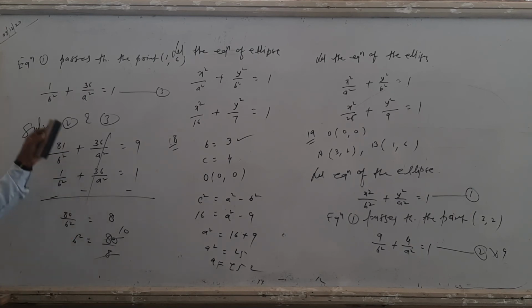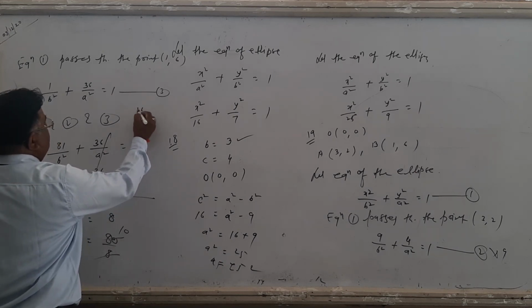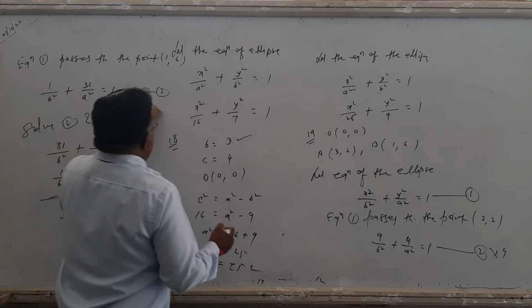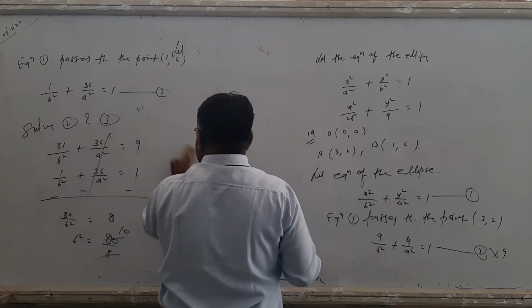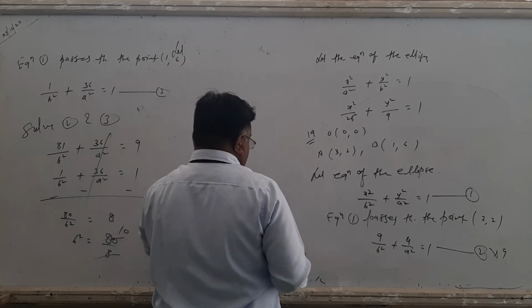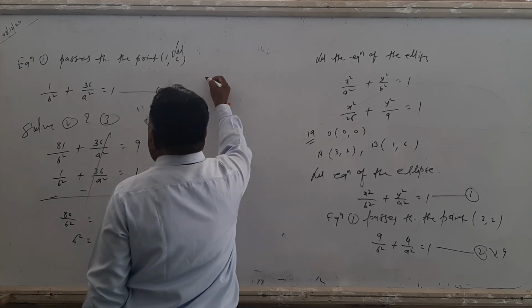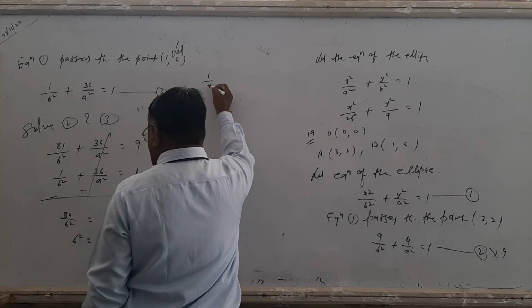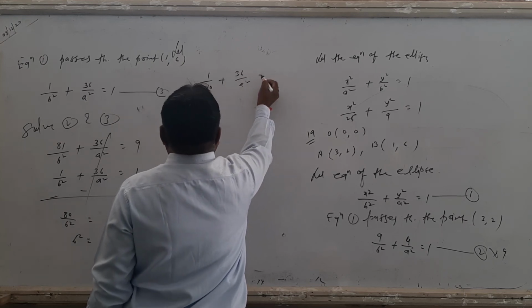Now substitute the value of b square in second or third. Right? b square की value अगर आप 10 यहाँ रखते हो, that is 1 by 10, then transfer. Substituting in equation third, 1 upon b square is 10, plus 36 upon a square equals to 1.